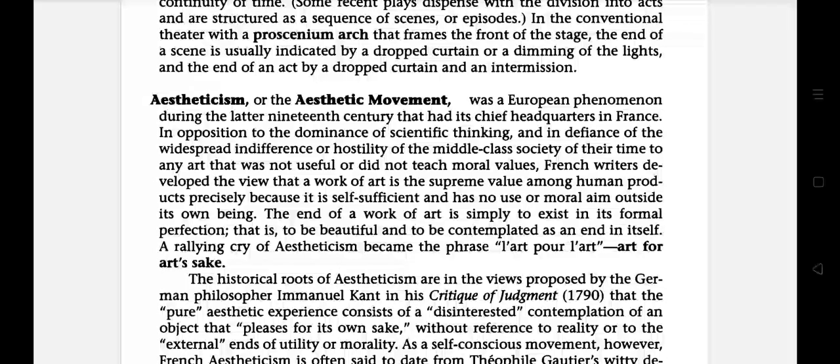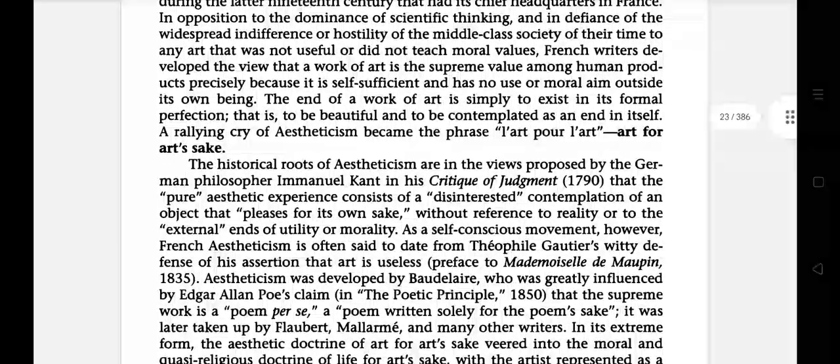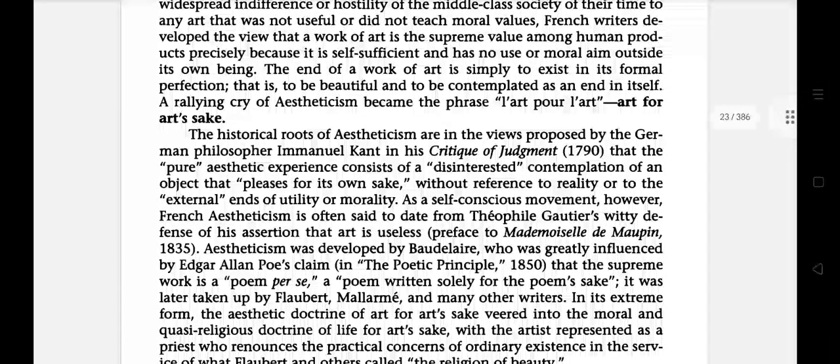It was a European phenomenon during the later 19th century that had its chief headquarters in France, and the historical roots of aestheticism are in the views proposed by the German philosopher Immanuel Kant in his Critique of Judgment, which was published in 1790, that the pure aesthetic expression consists of disinterested contemplation of an object, which thus pleases for its own sake, without reference to reality or to the external ends of utility or morality.